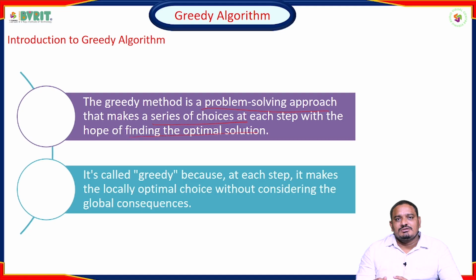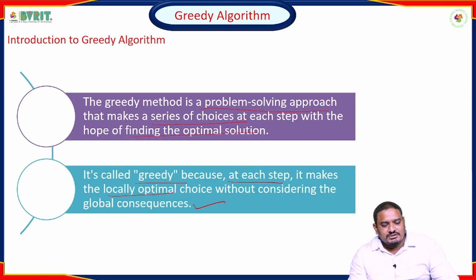It is called greedy because at each step it finds the locally optimal choice without considering the global consequences. That is the greedy algorithm.